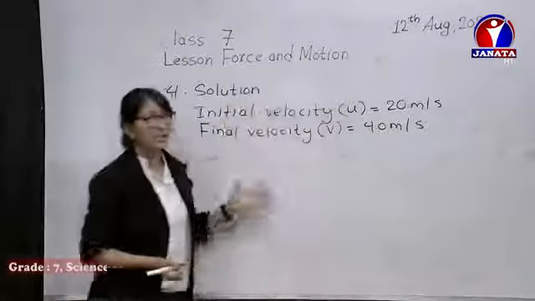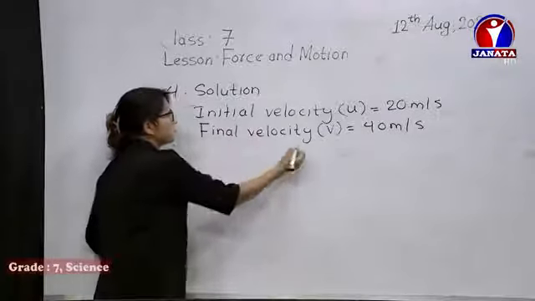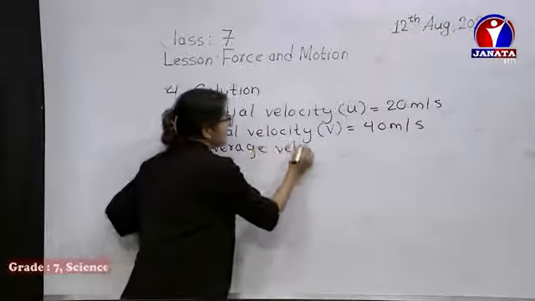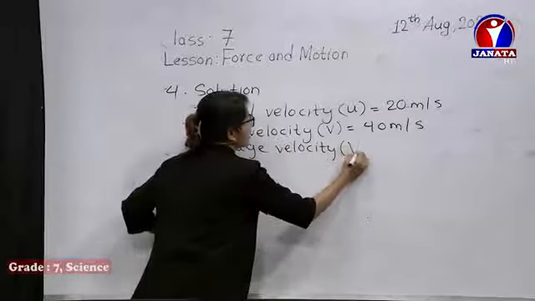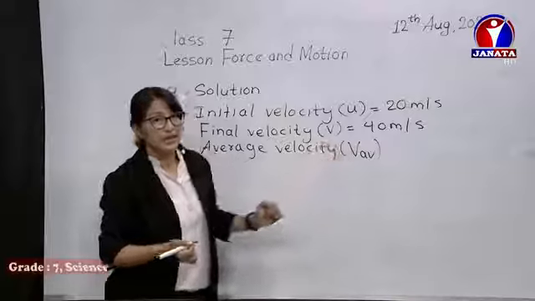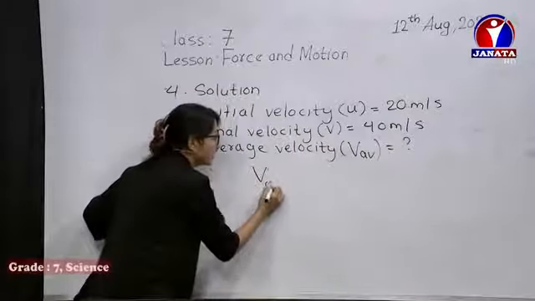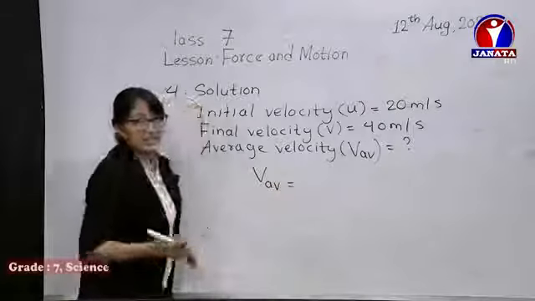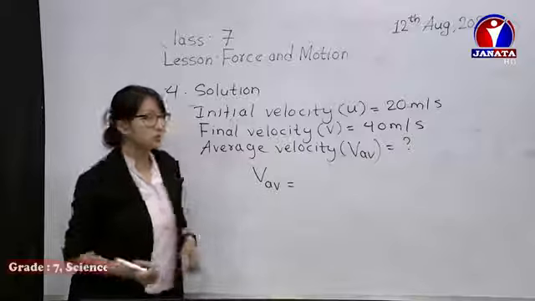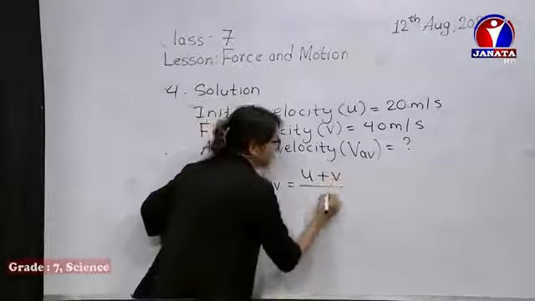Now if you're asked what is the average velocity, then simple: VAV, average velocity, is equal to what? We know that, I'll just write in short, VAV is initial velocity plus final velocity divided by 2, or in short, u plus v by 2.